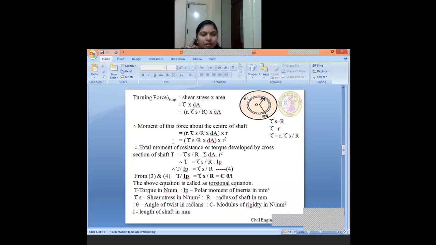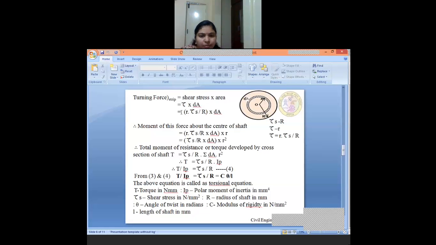And next, we will see the turning force. We will consider a very small strip of this shaft along the cross section, and let that area be dA. The shear stress for that be tau.